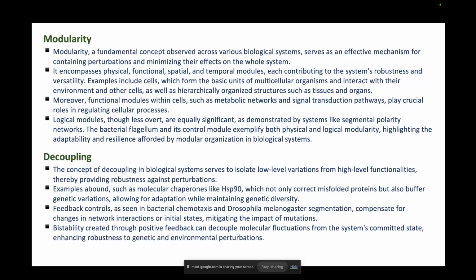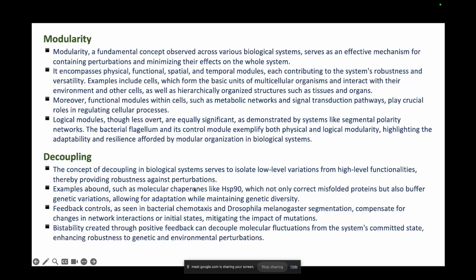For this movement, there are a lot of compounds involved: the muscles, the actin molecules, the myosin molecules, the other signaling molecules, everything is involved. But variations in the components at this low level should not perturb the high-level functionality, which is folding of the hand. So even if my actin is not working very correctly, it should not overall hamper the movement of the hand. That is the idea.